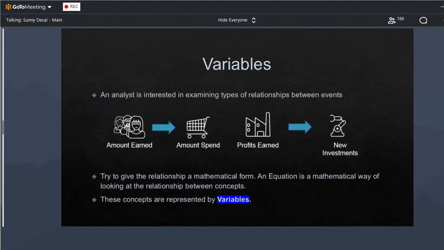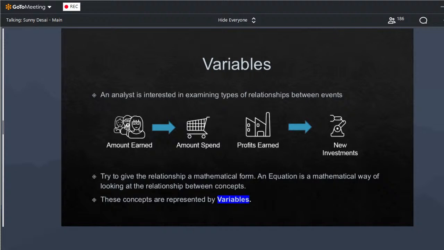Let's take an example. On the screen, what you can see right now is one sample case where you want to understand the amount of money you spend. We know that it is dependent upon the amount of money you earn. In most cases, the amount of money you spend is dependent upon the amount of money you earn. It's a very general understanding, it is common sense.